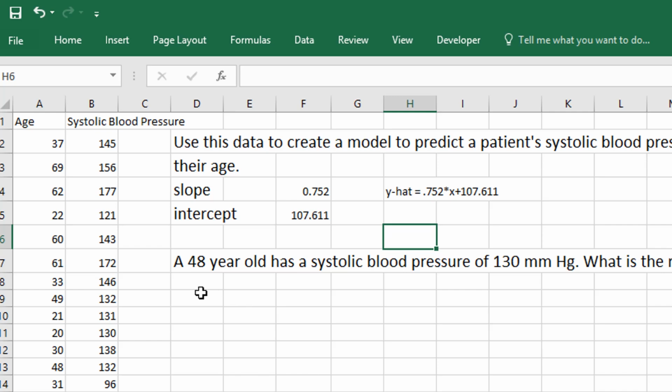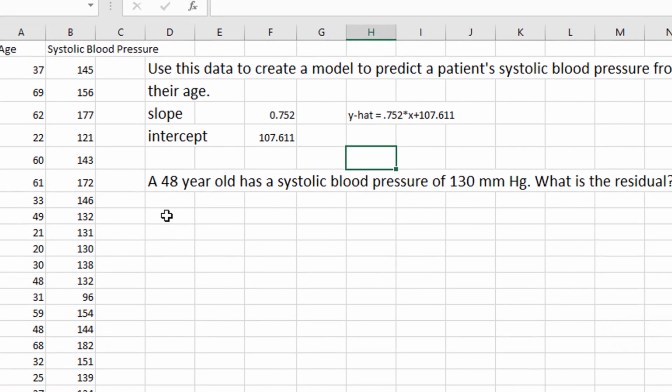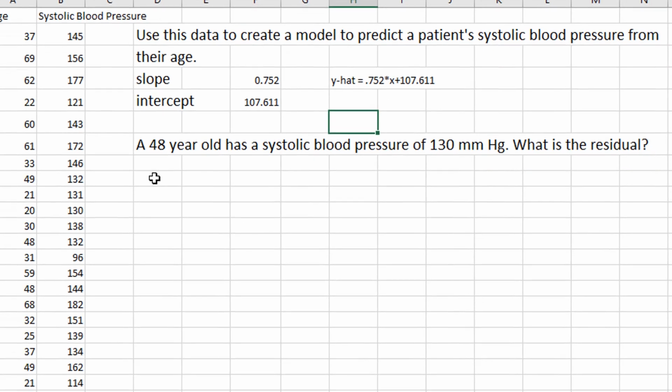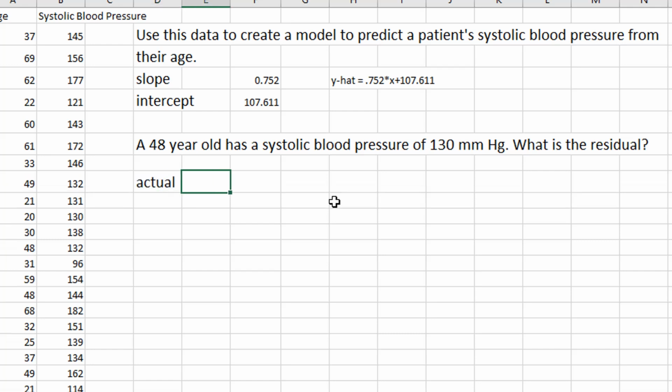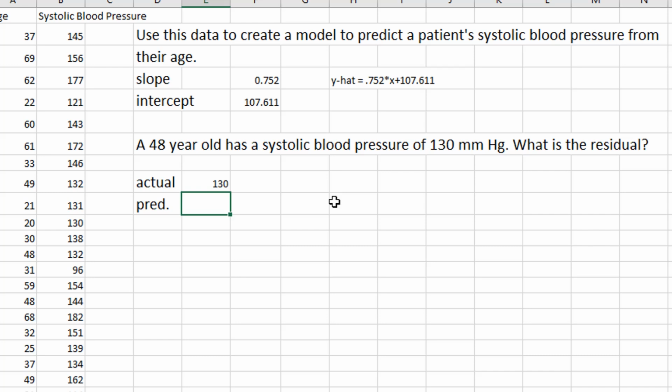So a 48-year-old has systolic blood pressure of 130 milligrams mercury. What is the residual? Okay, so what we want to know is the actual blood pressure is 130, and the predicted is going to come from our model.